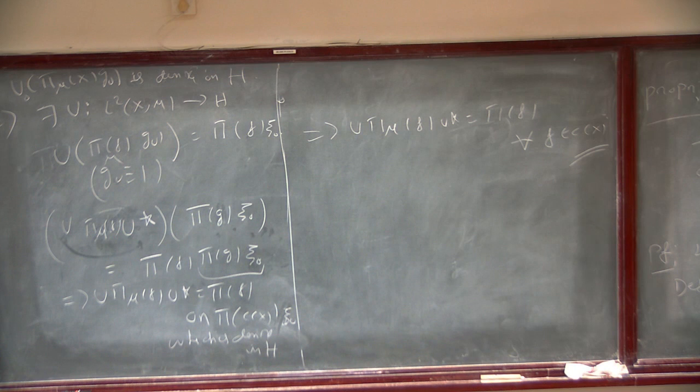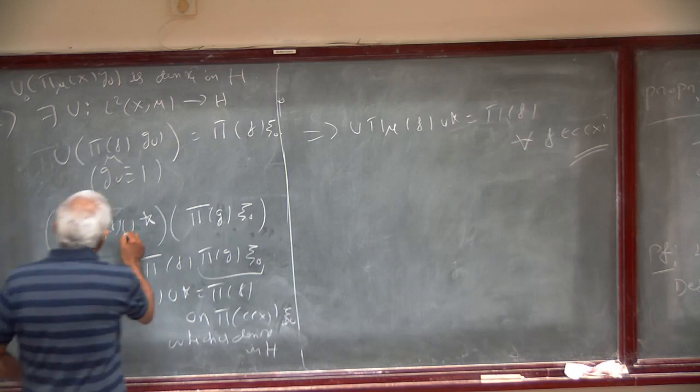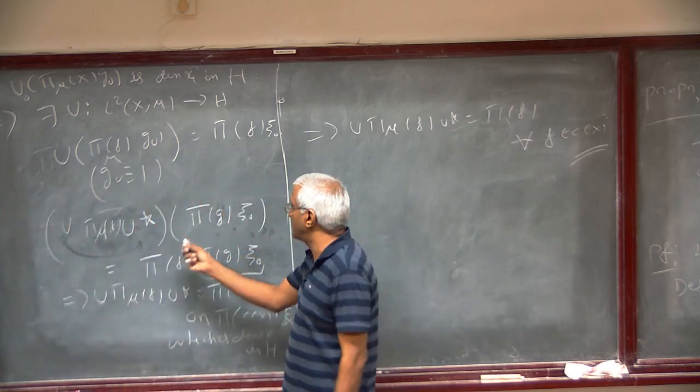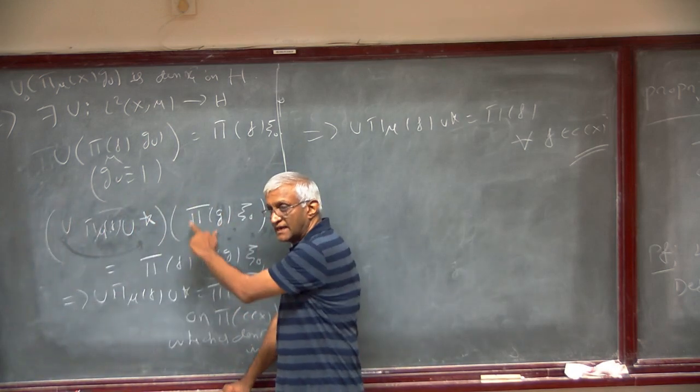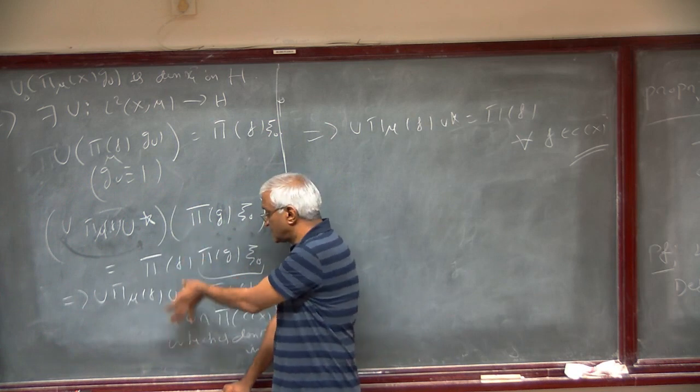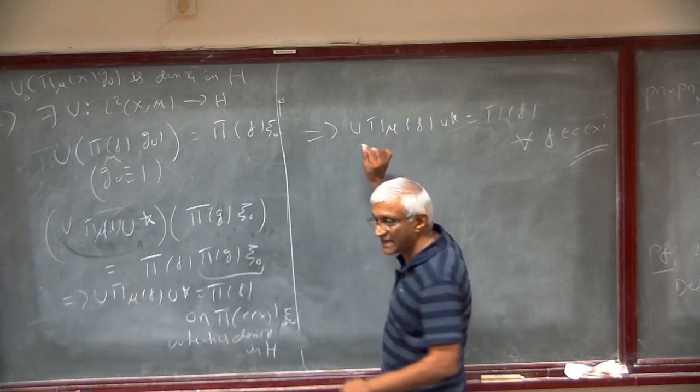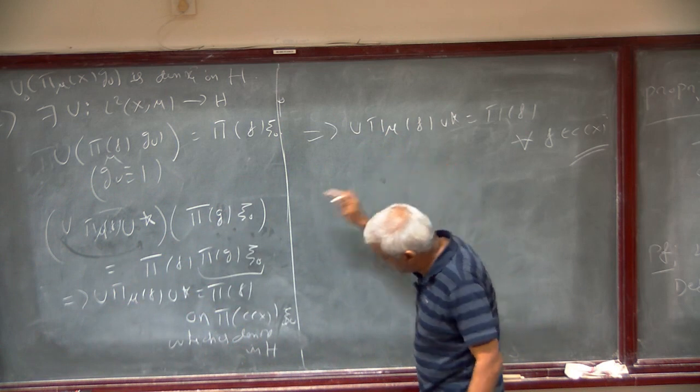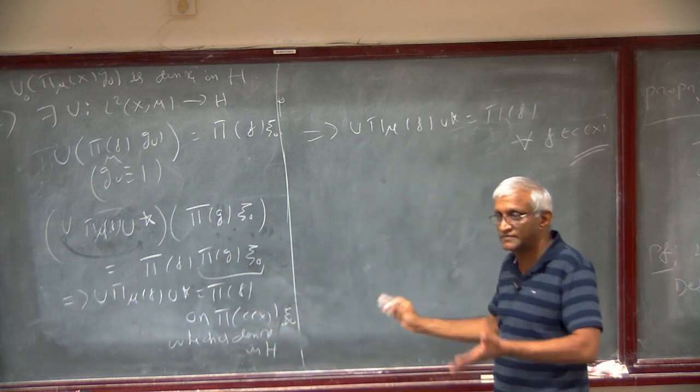On the dense subspace, I take pi mu of f going to pi of f, basically. That gives a unitary operator. Now I verify that the unitary operator intertwines these two representations. How do I verify? I act it again on the dense subspace, and I get this relation. This is satisfied on a dense subspace, so it has to be satisfied everywhere.